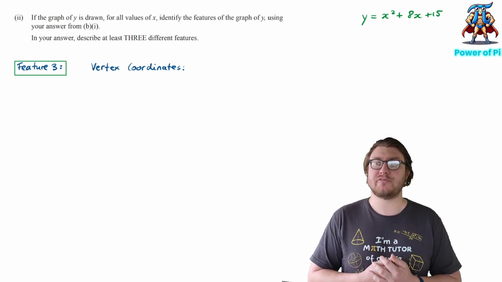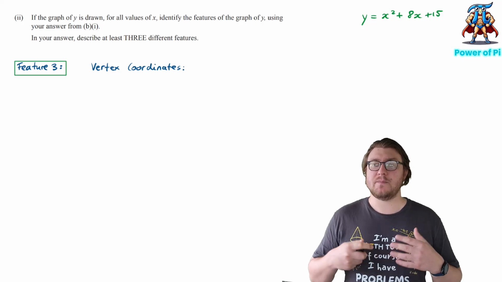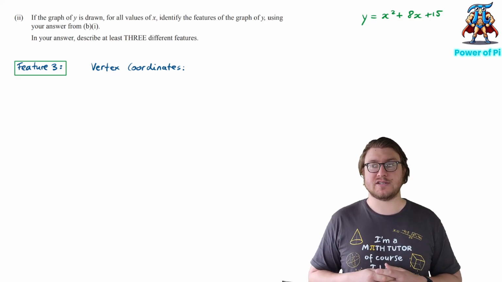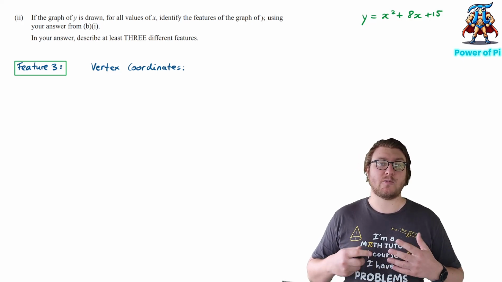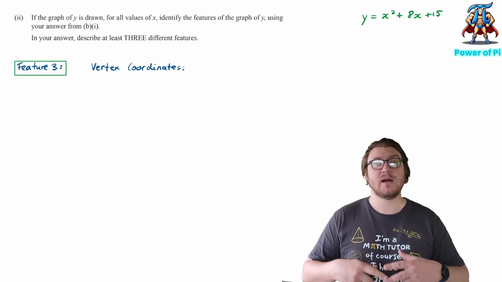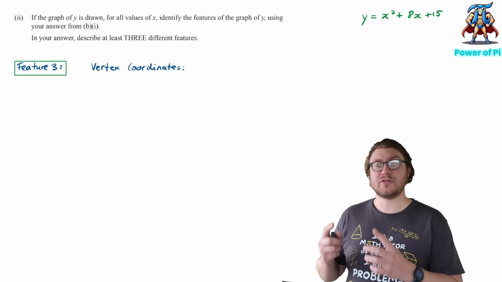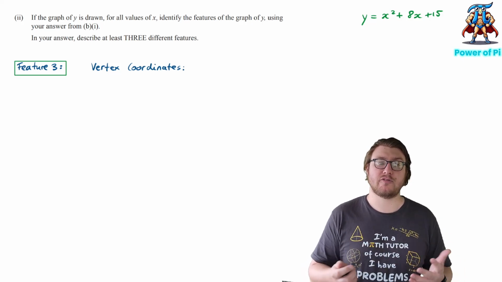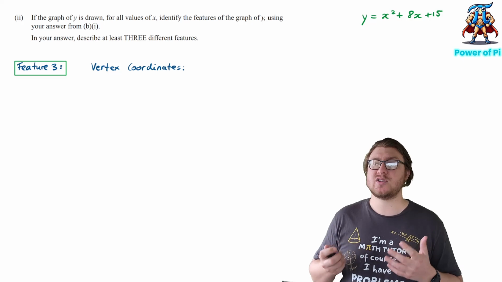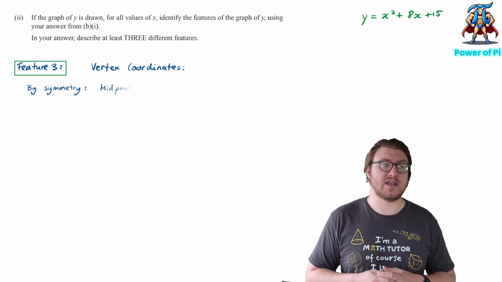Let's have a look at the vertex form. Well, here you can do multiple things. If you remember, you can use the equation to complete the square to find what this function would look like in parabola form, in the vertex form. However, this is not the approach that I'm going to be using here.